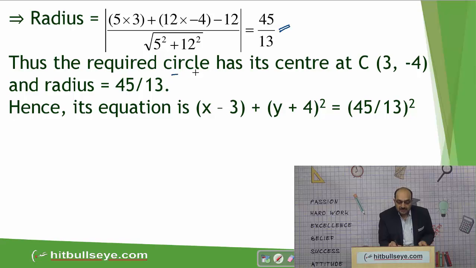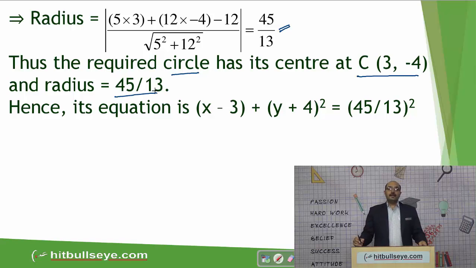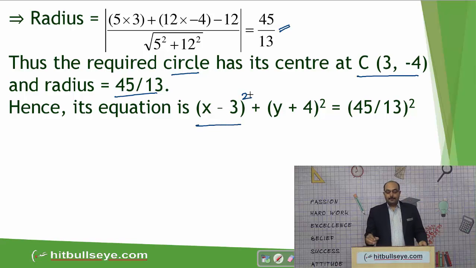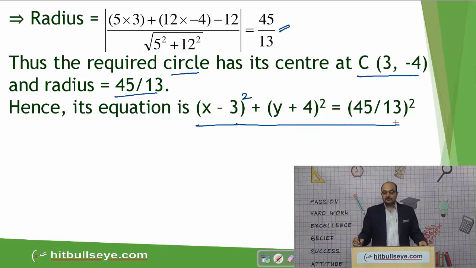So the circle has its center at 3, minus 4 and radius as 45 by 13. So now you can find the equation. So this is x minus 3 whole square plus y plus 4 whole square gives us the answer as 45 by 13 whole square.